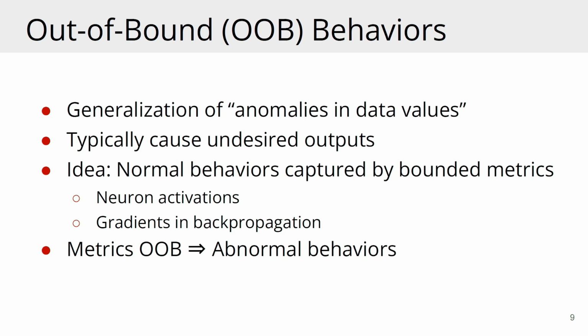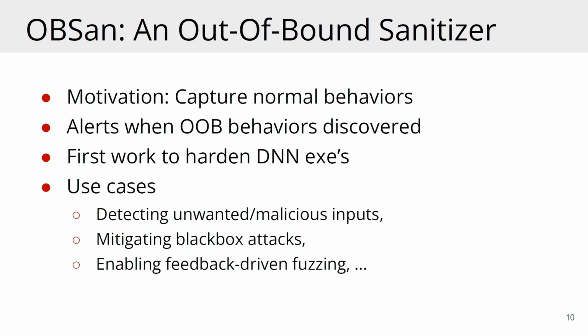For example, we have the neuron activation values in the forward propagation process, and we also have the gradients in the back propagation process. If those metrics go out of their bounds, we consider that those models are having some abnormal behaviors.